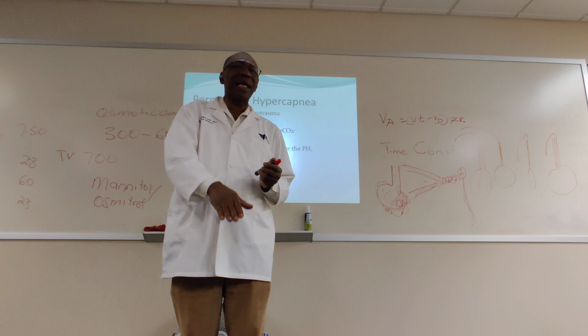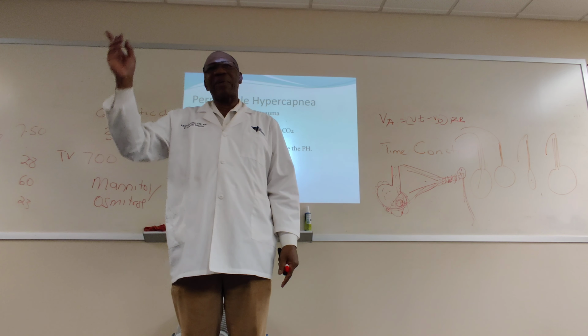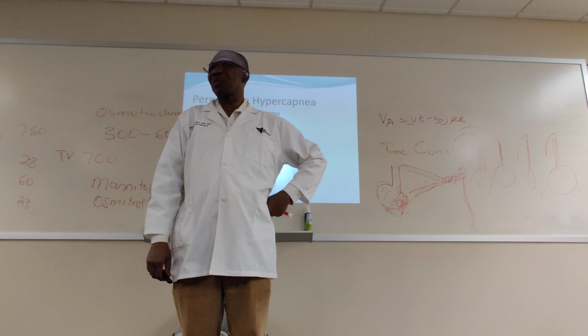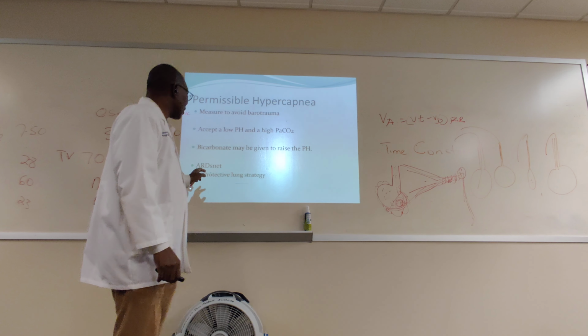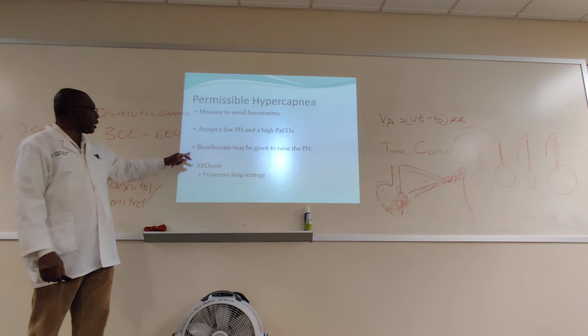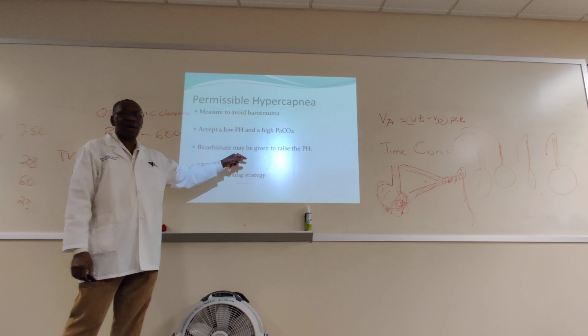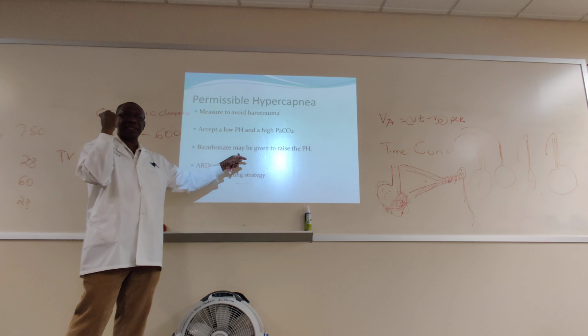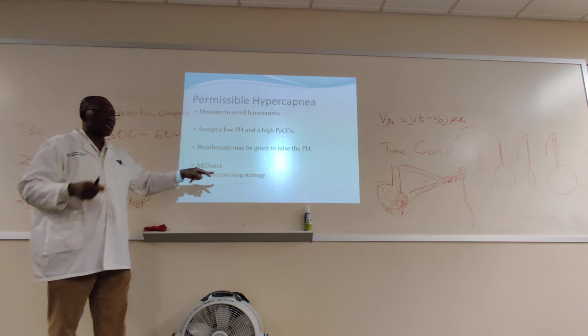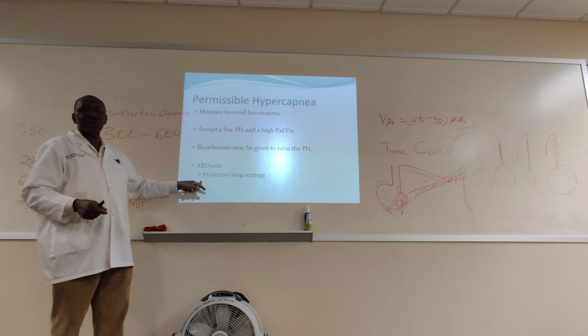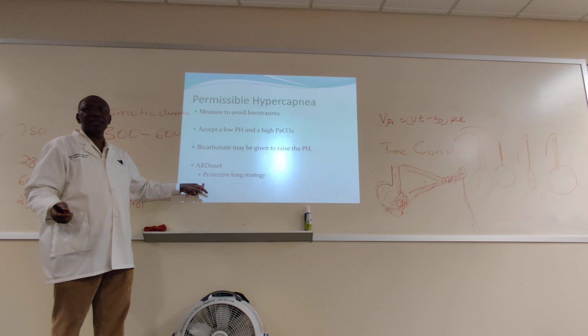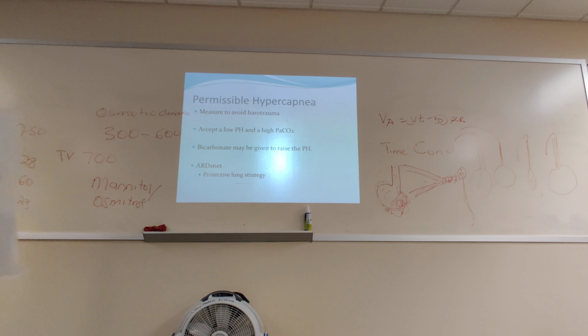So if I lower my tidal volume, I increase my respiratory rate to control my CO2. It also means that you can give sodium bicarb to increase their pH. Now, if you get a PaO2 that is between 80 to 88, that should be fine. Any questions? That's it.